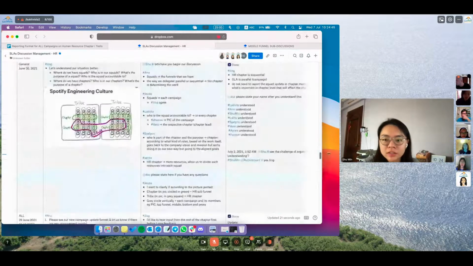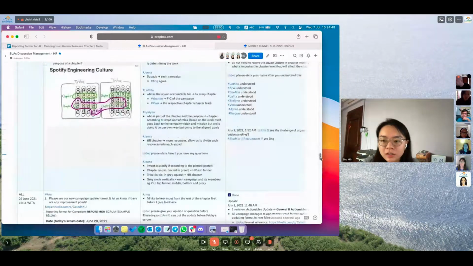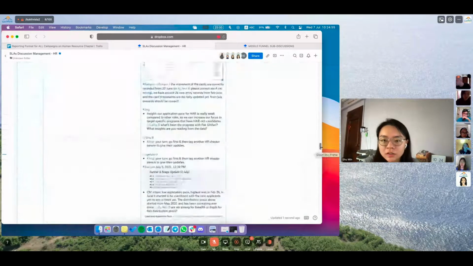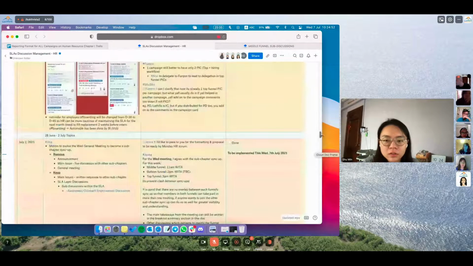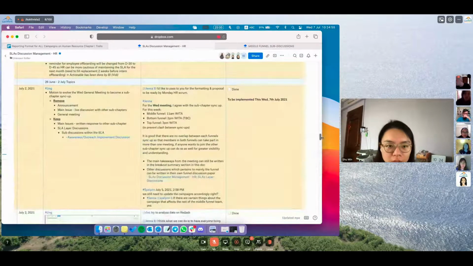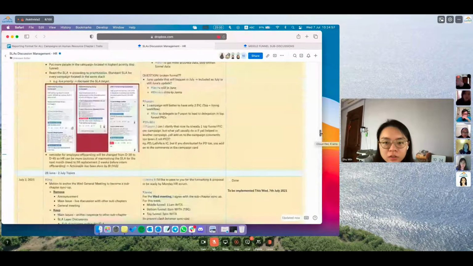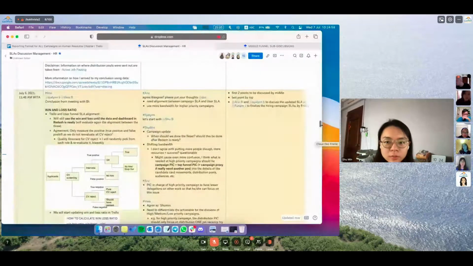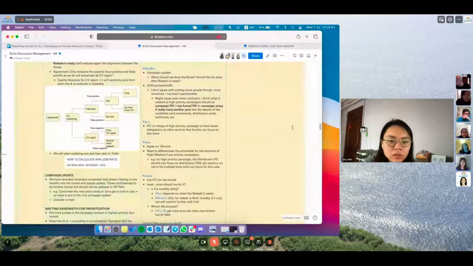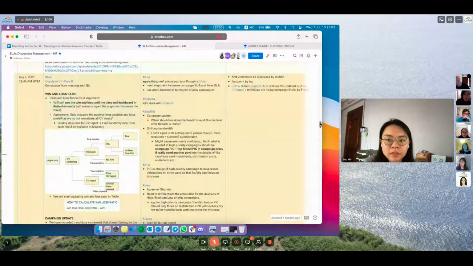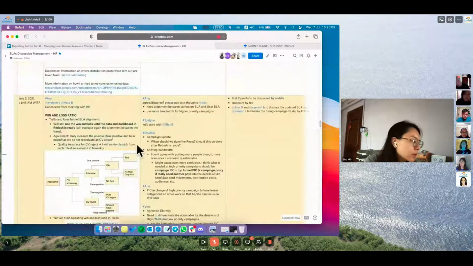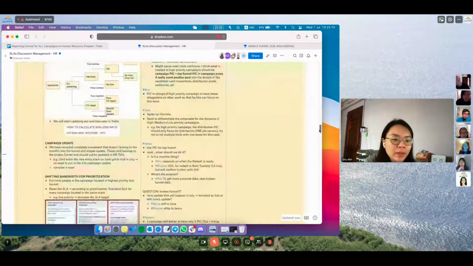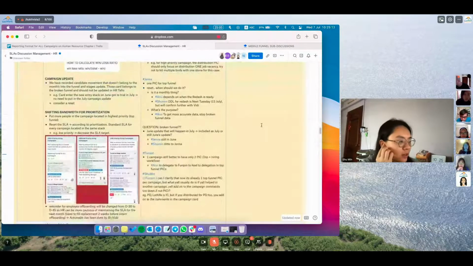Okay, let's move on to the next topic, specifically middle funnel. Can I just check with Arby and Shalin? For this part, it's also left with only the campaign SLAs, right, to finalize that?